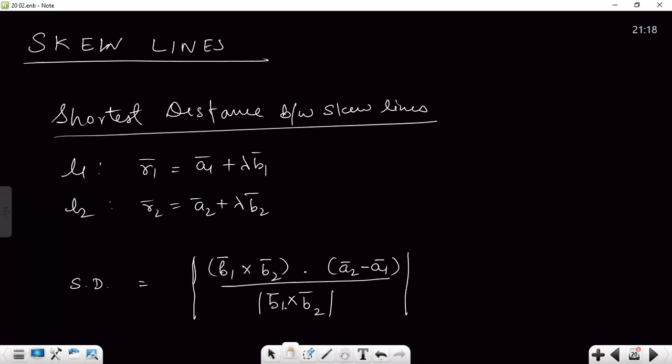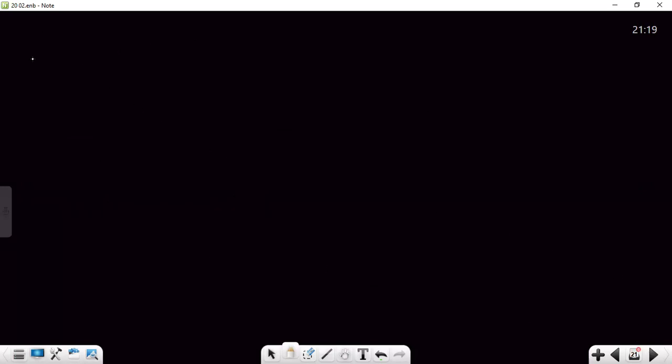Now let's discuss the second contingency, the shortest distance. Is this clear? Understood? Distance between parallel lines.